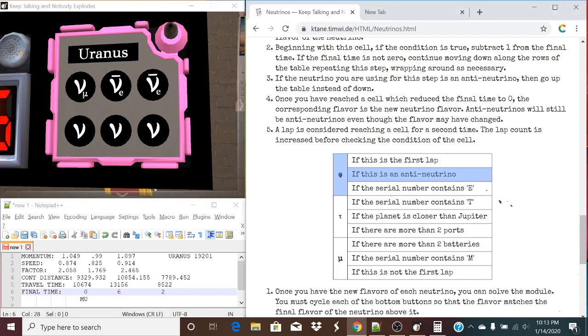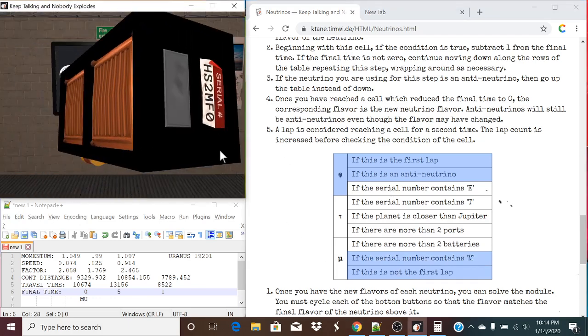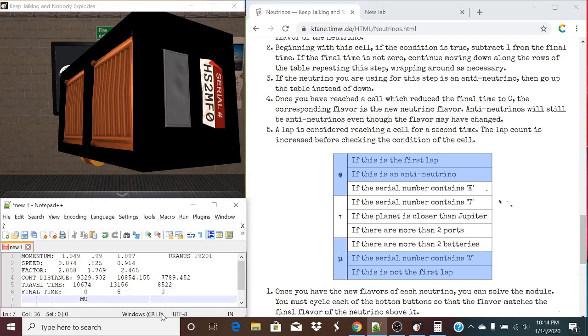If this is the first lap, it is indeed the first lap, so we subtract 1 from each. Next, if this is not the first lap, we are still on the first lap, so we keep going. If the serial number contains a mic, yes, it does. We subtract that from 0, and that's our new flavor for that neutrino. That's going to be a mu.